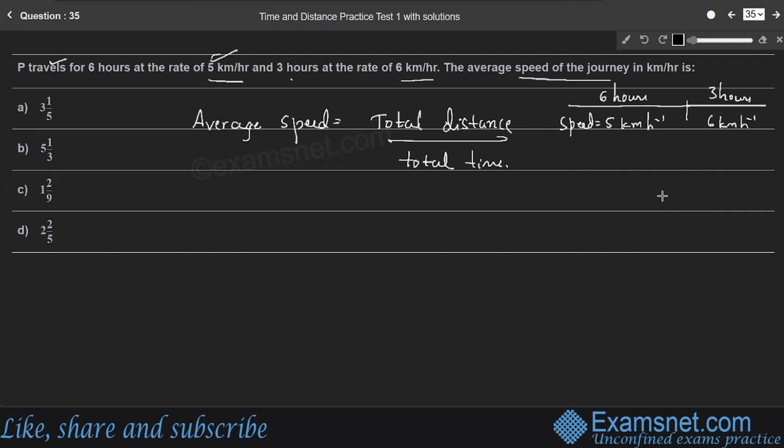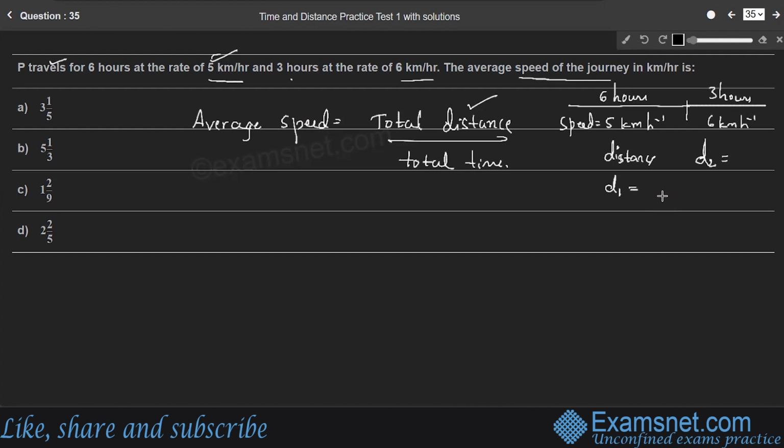Here we need the average speed of the journey. To find average speed, we need total distance. In the first 6 hours, what is the distance traveled by P? So distance D1 we need to find, whereas in the last 3 hours, let the distance be D2.